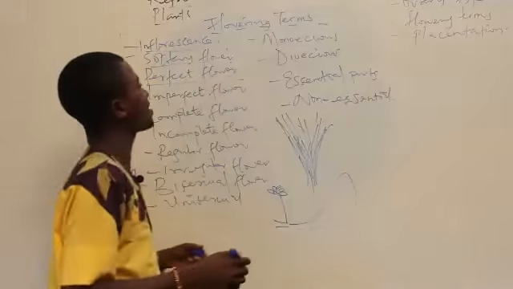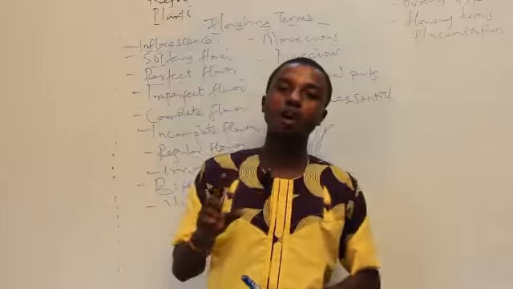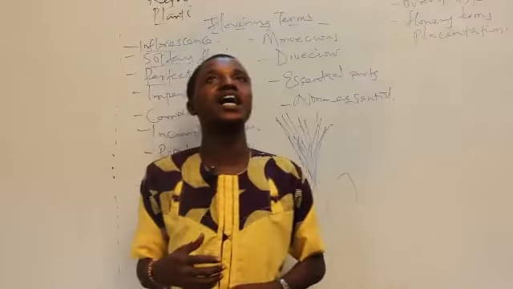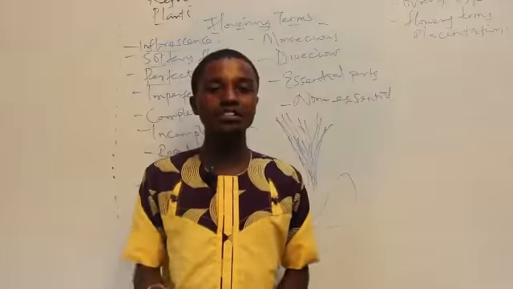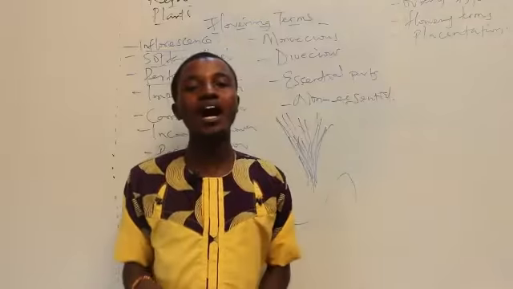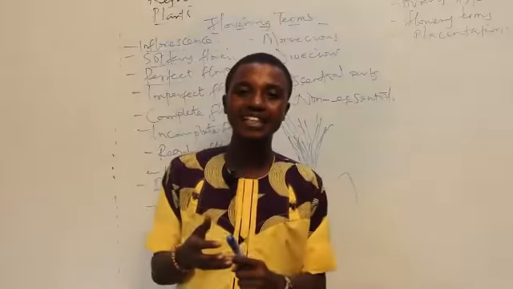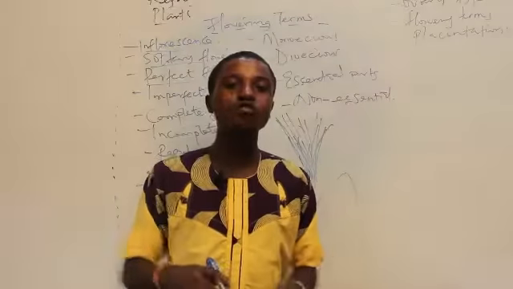A perfect flower. What is a perfect flower? Perfection of a flower speaks about a flower having both the male reproductive part and the female reproductive part. So a flower having both is said to be perfect.